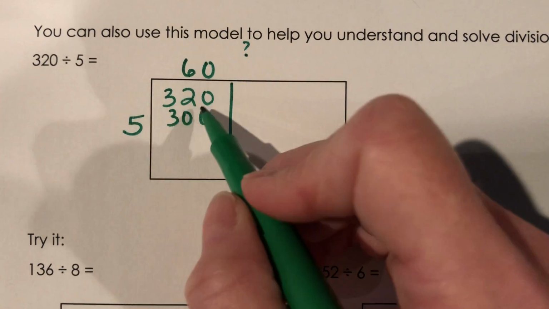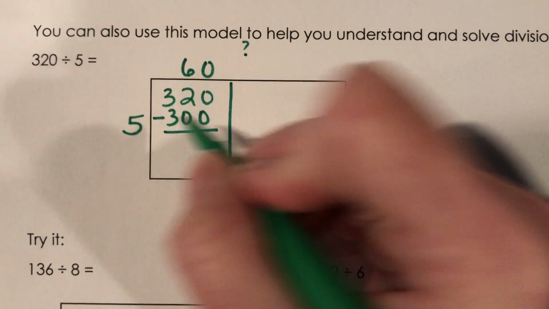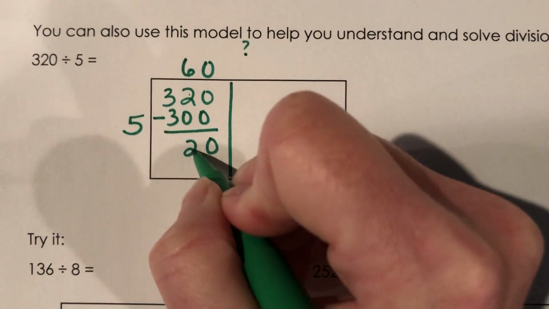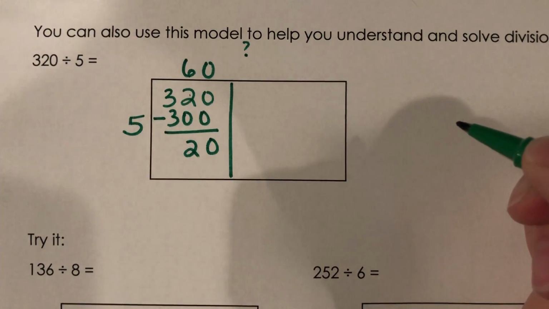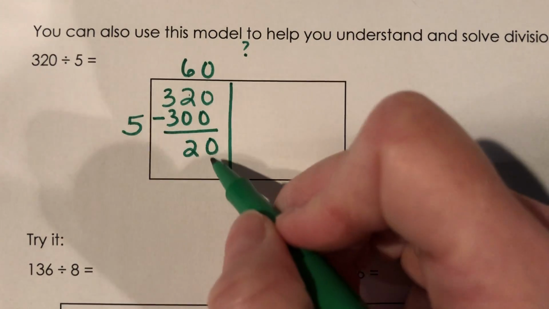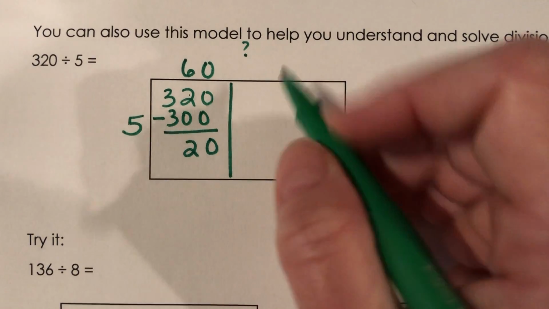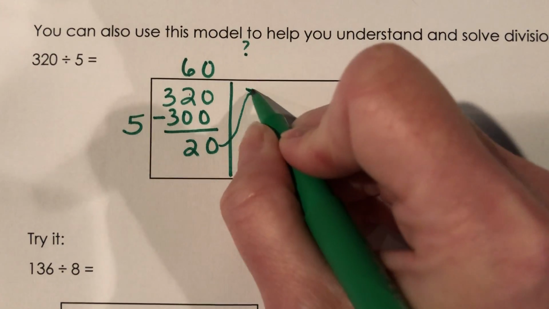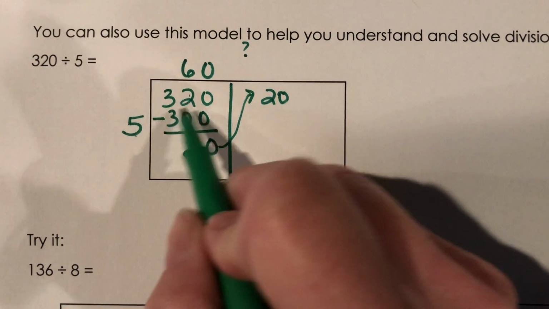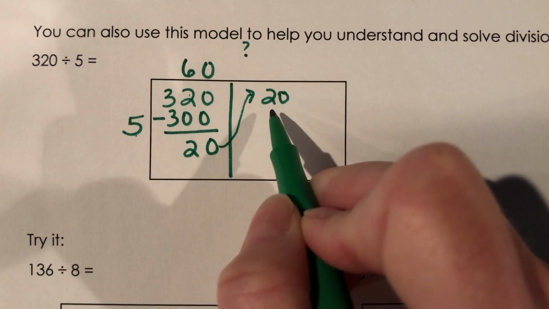So now I want to see, okay, how much is left? And to figure out how much is left, we subtract. 0 minus 0, 2 minus 0, 3 minus 3 I don't need to write. Okay, so right now I know that 5 goes into 320 at least 60 times, but there's still some left over, right? So that means I still have more of this rectangle to work with. So I'm going to take this 20 and now ask myself the same question. 5 times what gets me closest to that 20 that I still need to figure out?